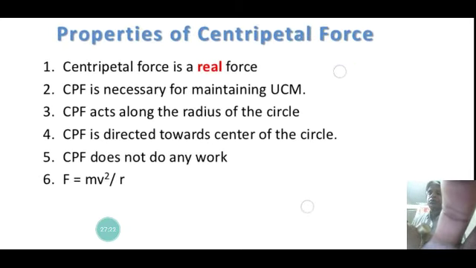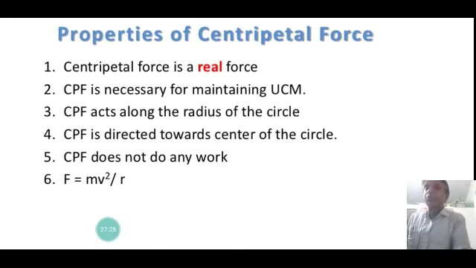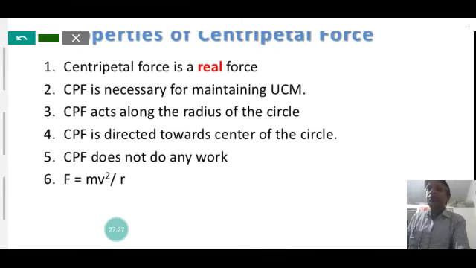Properties of centripetal force. Centripetal force is a real force, and it is necessary for maintaining uniform circular motion. When the object is moving on a circular path, centripetal force is required to maintain that motion.